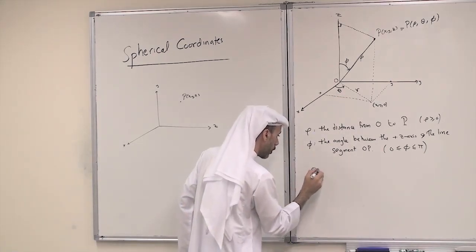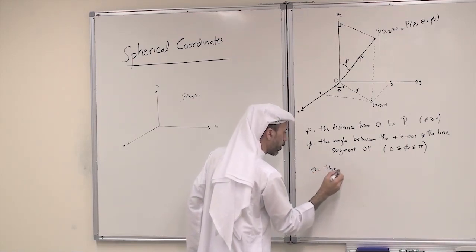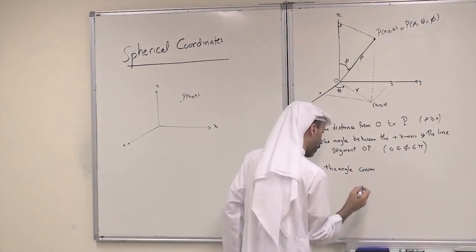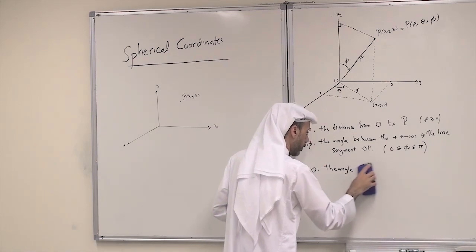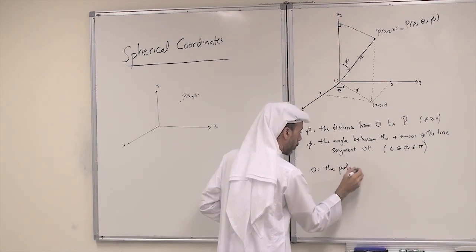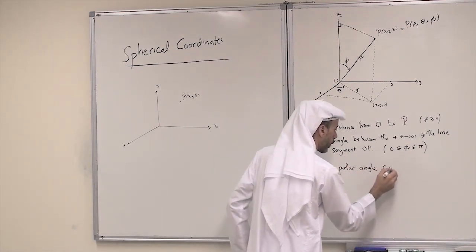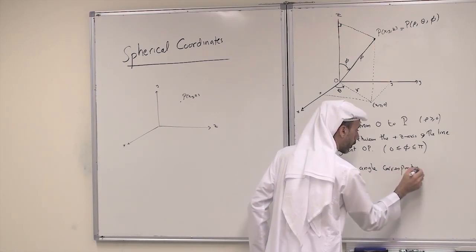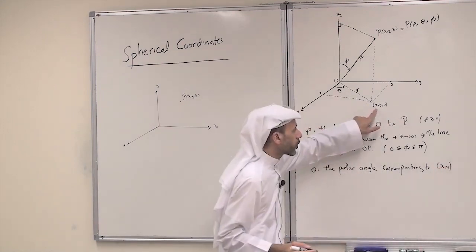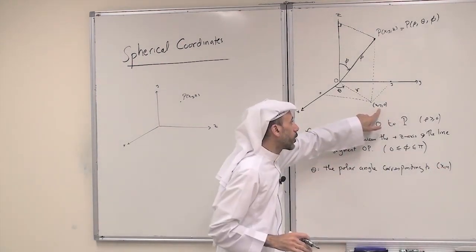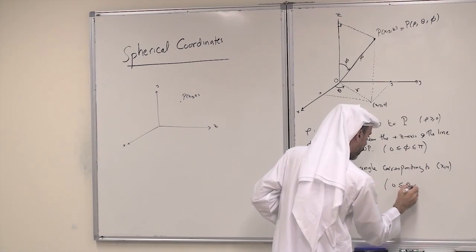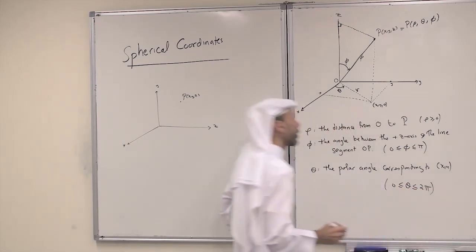So theta is the polar angle corresponding to the point x, y. We take just x, y because the z component is 0 in the xy plane. And it is restricted between 0 and 2 pi.